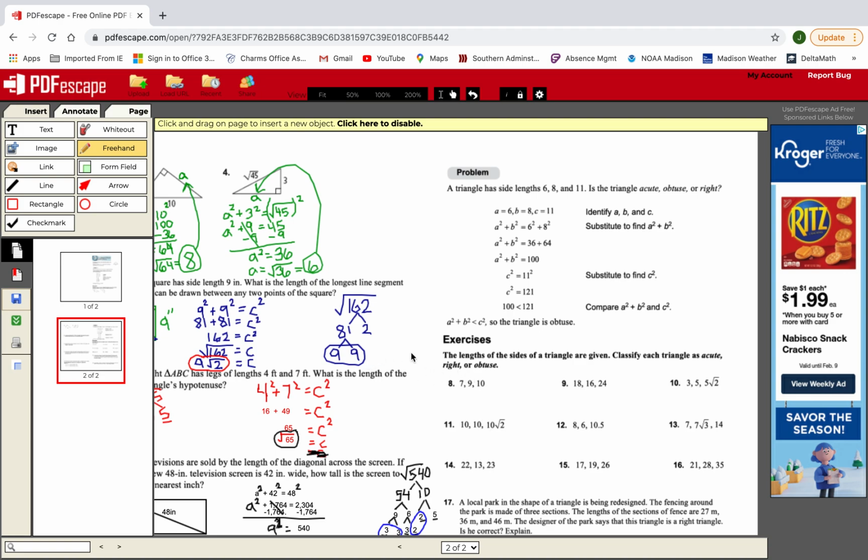So, I wonder if I can put little 2's in here to indicate that I'm squaring them. Let me try that. That might work. Give myself a little bit smaller font here. Can I put a 2 here to show this is going to be squared? How cute. So I'm going to square each one of these, so that way I don't have to try to write with this pen and confuse everybody.